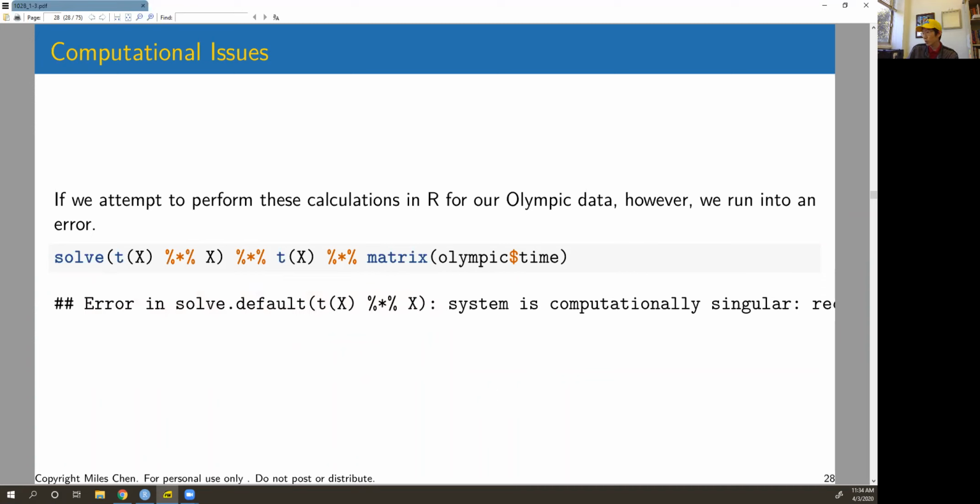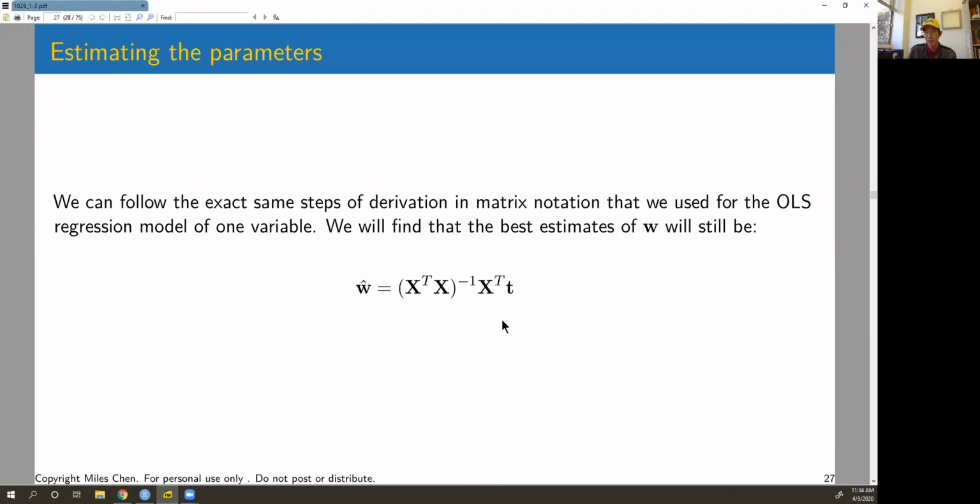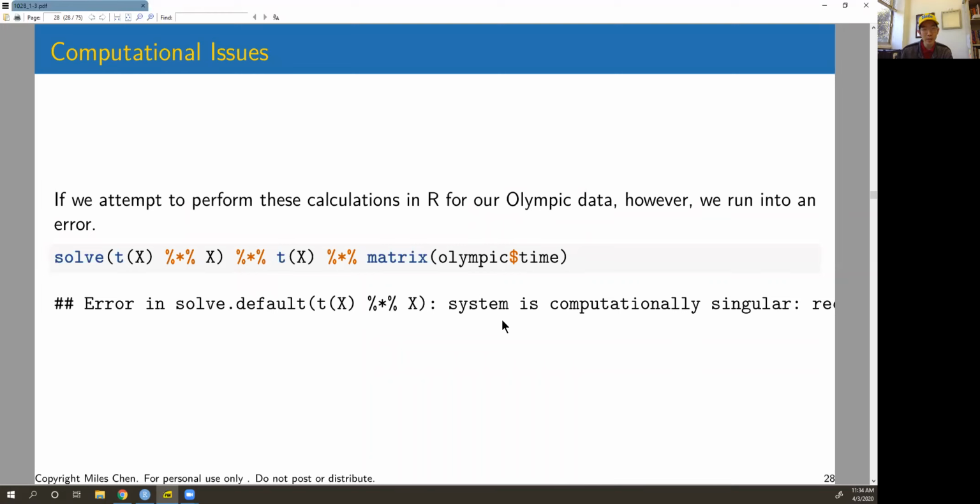So what happened? Why is R giving me an error? We just went through and I said everything's going to work out to be the same as before, but now R is giving me an error. It says error in solve X transpose X, system is computationally singular, and there's more stuff here, but it's giving me an error.